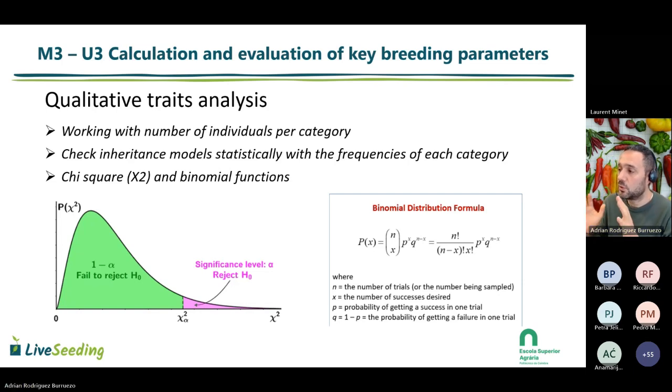So you will see that if one trait is studied, or in the literature its inheritance analysis is performed through chi-square and binomial functions, without any doubt you are dealing with a qualitative trait. I did not go into how the chi-square and binomial functions are estimated, because the formula is quite common, and for the binomial you have the formula here, and Barbara will provide practical examples later.